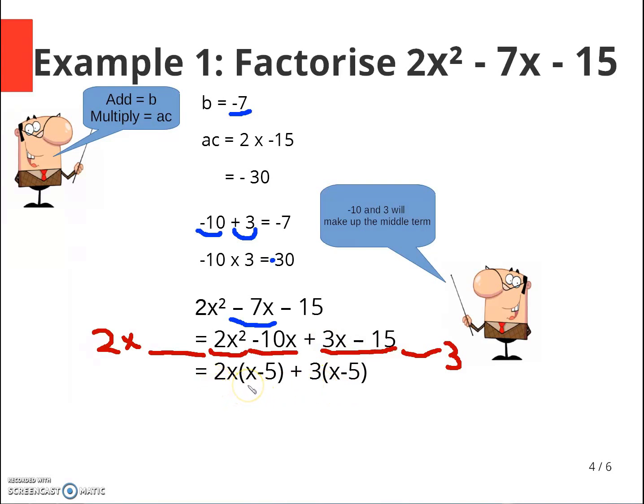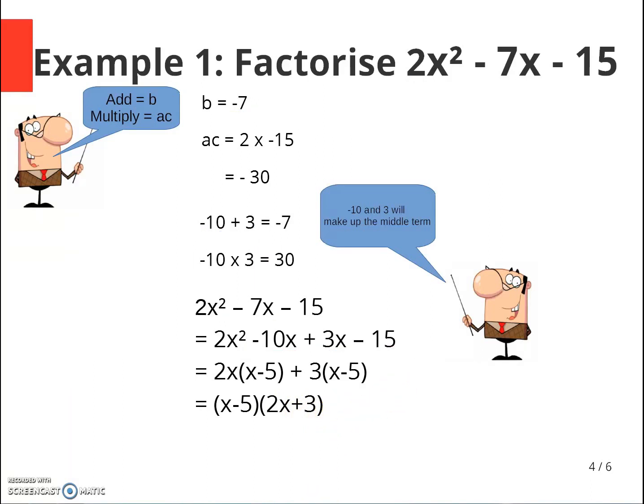The highest common binomial factor here is x take away 5. So I'm just going to completely factorize 2x squared minus 7x minus 15, and in the end I'll get, in the first bracket, x take away 5, and then in the second bracket 2x plus 3, and I am done.